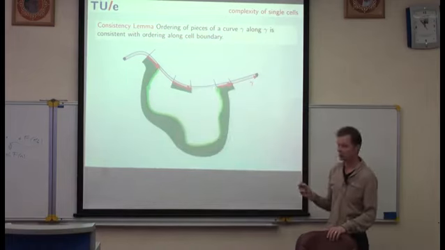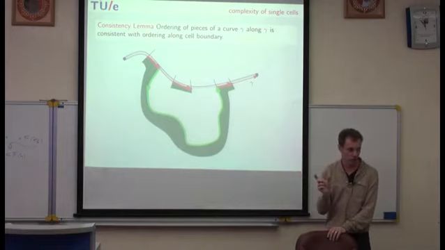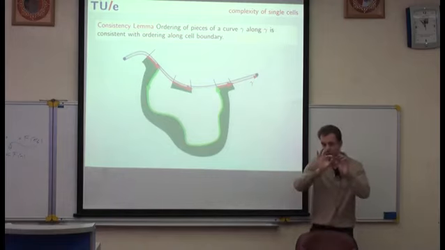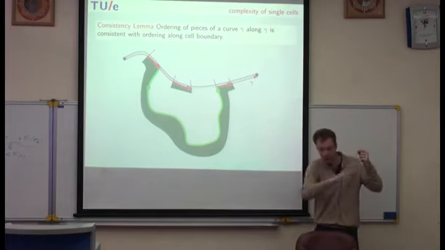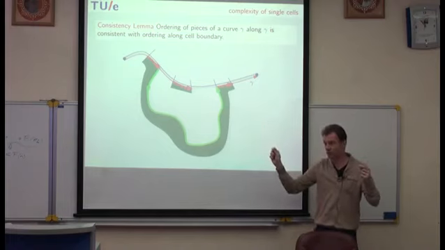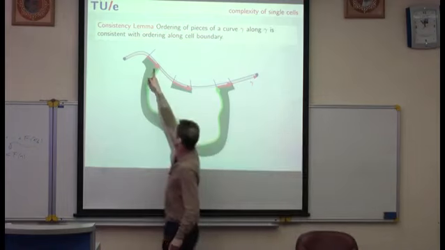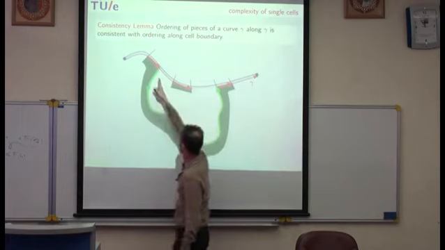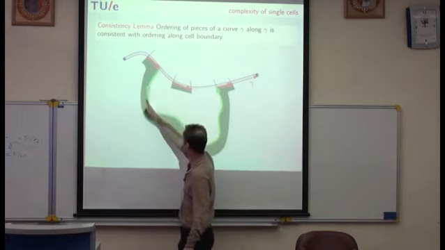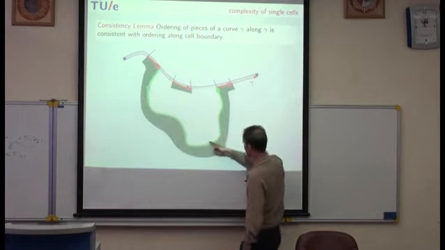Now what you can also do is look at the same edges, but now not ordered along the curve, but ordered along the boundary of the face. Okay, so now if I go here, instead of following the curve and looking at all these pieces, I'm going to follow the boundary of my cell.